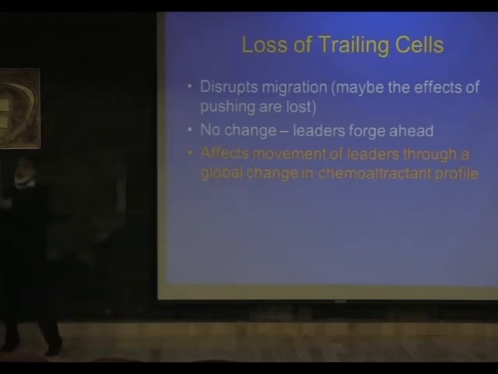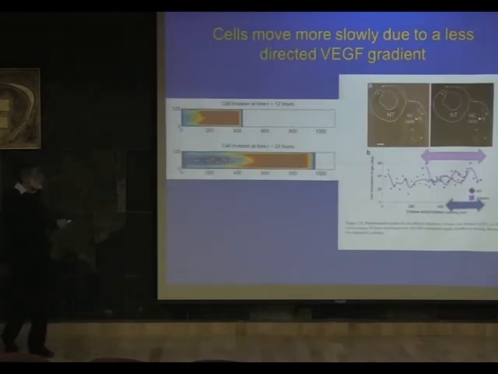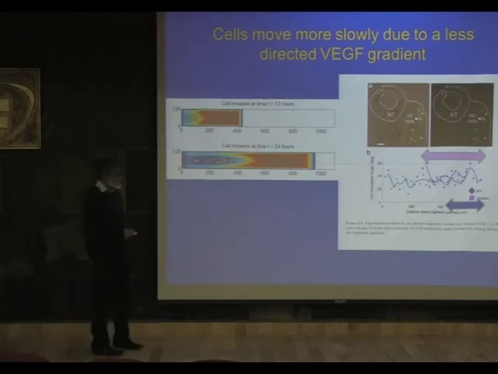In a way that we can't figure out intuitively, we have to do the model. And what the model predicts is that we will get these cells strung out like this. And that's what happens experimentally. So this is normal. Here the cells at the front are here, and in the experiment they are spread out a lot further. Okay?